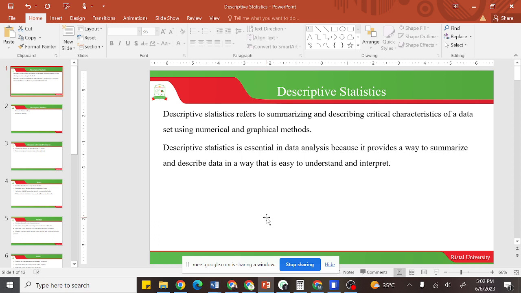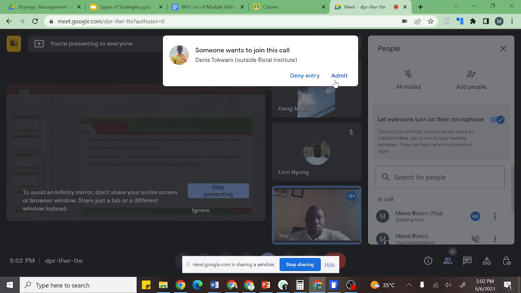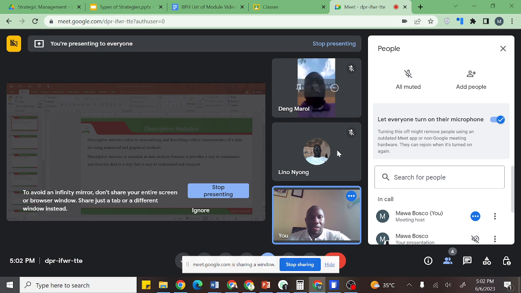So basically, in biostatistics, we look at two major branches of statistics. The first being inferential statistics, and then the other being descriptive statistics. So we are going to look at descriptive statistics and what they really mean.